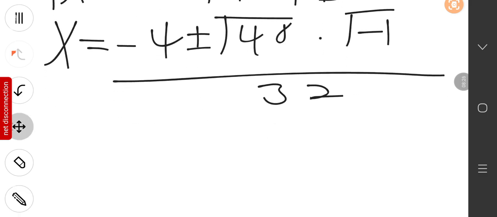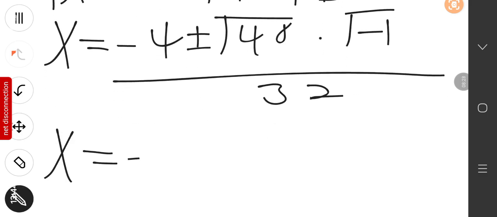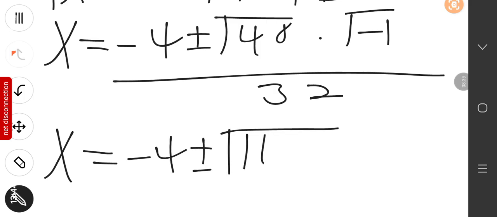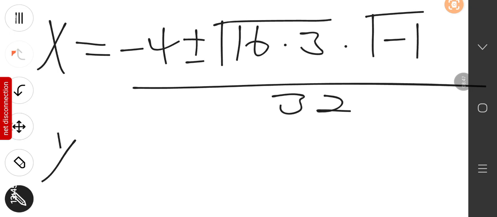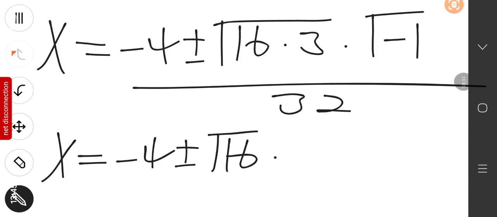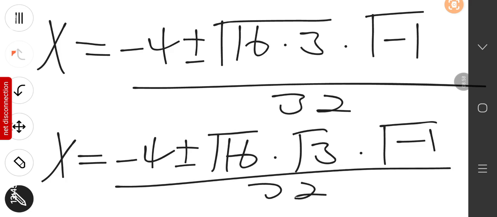All right, now we can write 48 as 16 times 3 times the square root of minus 1. Okay, so 48 can be written as 16 times 3. So our equation becomes x equals minus 4 plus or minus the square root of 16 times the square root of 3 times the square root of minus 1 all over 32.